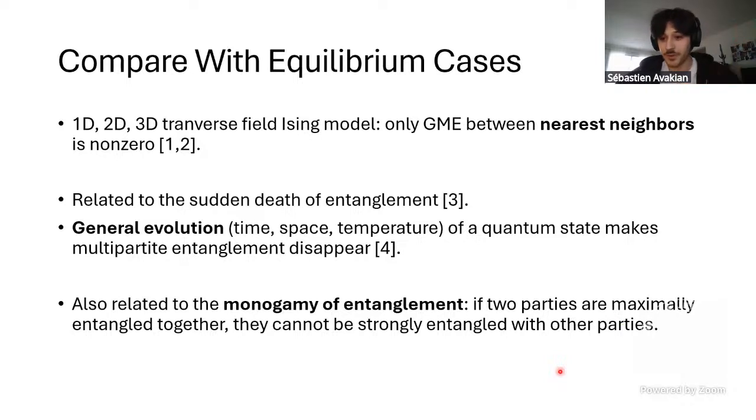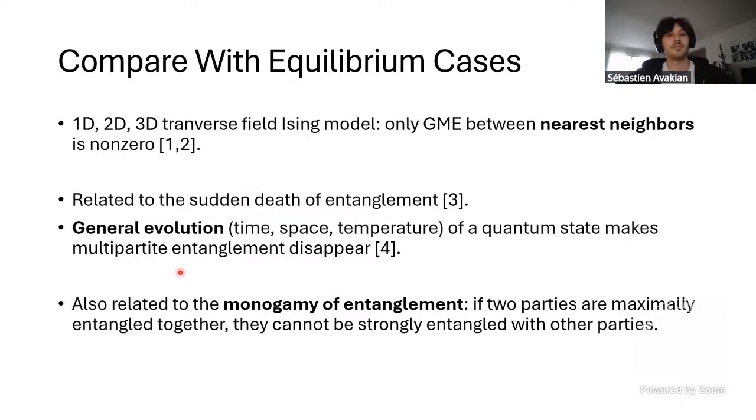Like we were discussing earlier, in the equilibrium case, in the transverse Ising model in 1, 2, and 3D, there's only GME, this criterion that we're going to discuss, W, if things are nearest neighbors. The second that you increase the spacing, it just drops to 0. This is related to the death of entanglement.